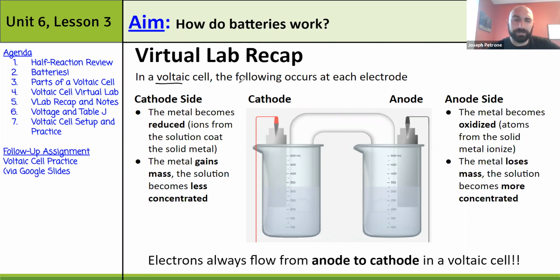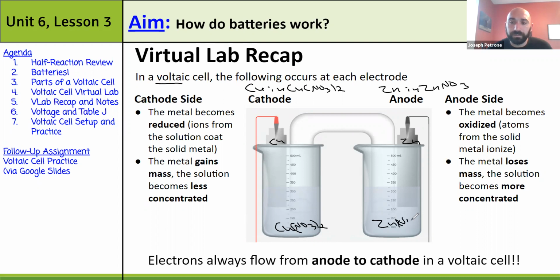You may recall the first setup was for your cathode: copper in copper nitrate, and then the anode was zinc in zinc nitrate. So the bar here was copper, the solution was copper nitrate, and here the bar was zinc and the solution was zinc nitrate.